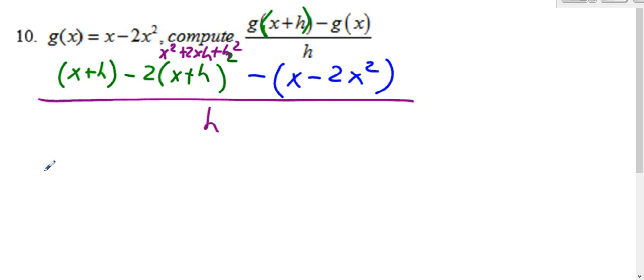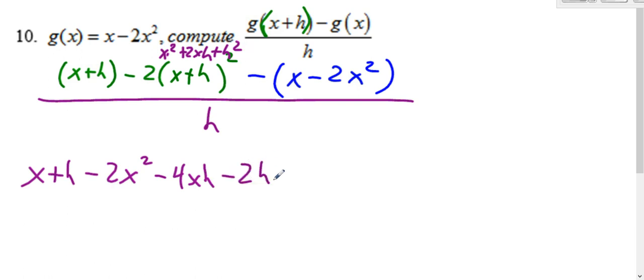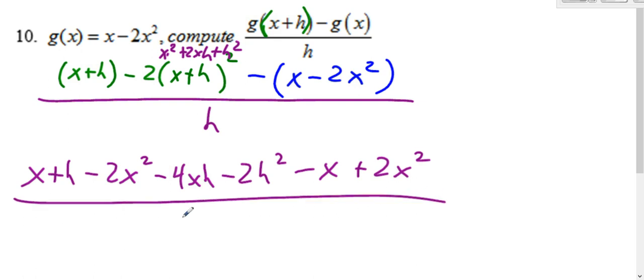So x plus h minus 2x squared minus 2 times 2 is negative 4xh, negative 2 times h squared. We also have to distribute this negative: negative x plus 2x squared, all over h.